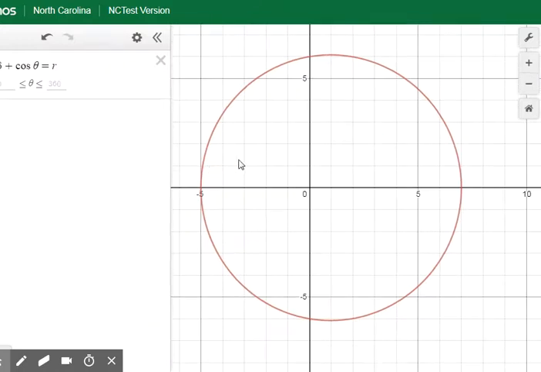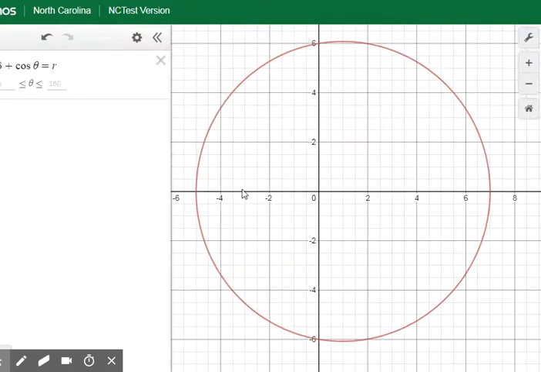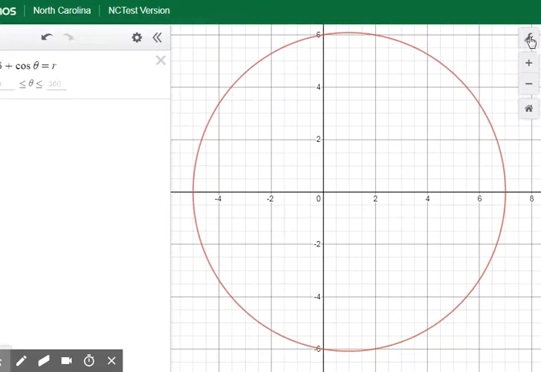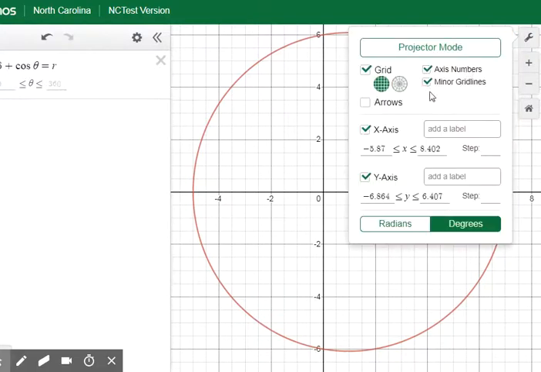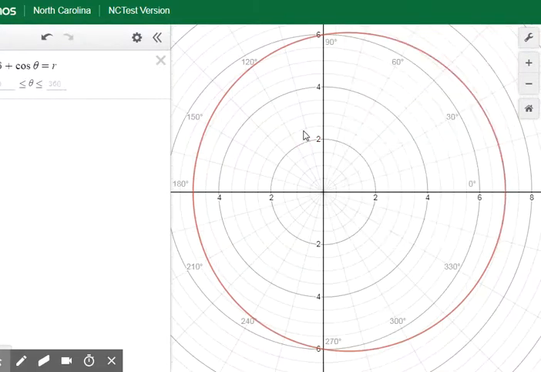It's a little hard when it's a convex limacon to tell the difference between this and a circle. So I would put my polar axis on here. And when you do that, if you compare the left side to the right side, you can see it's not fitting, it looks a little bit different.